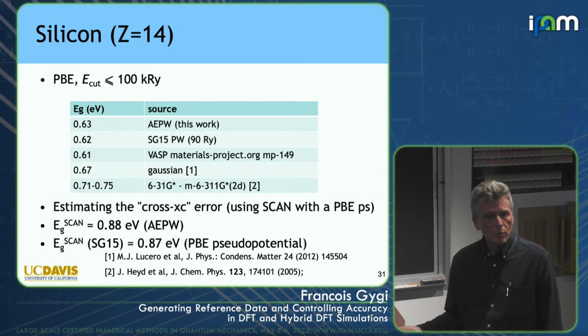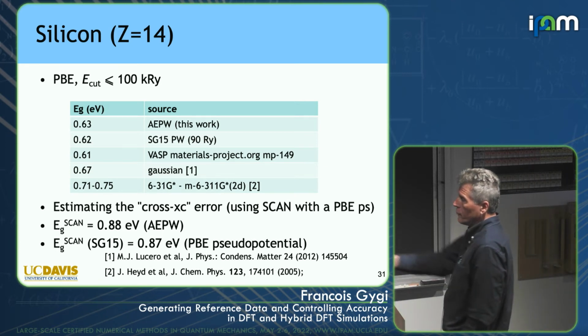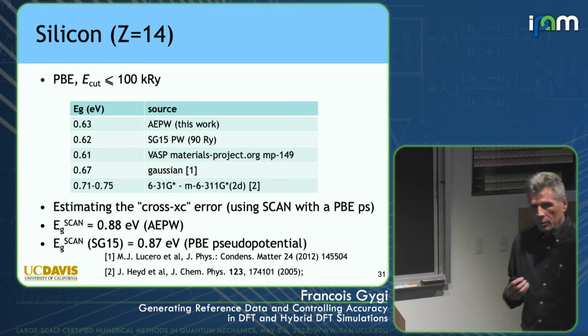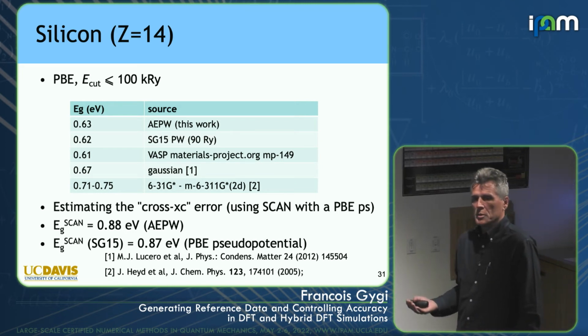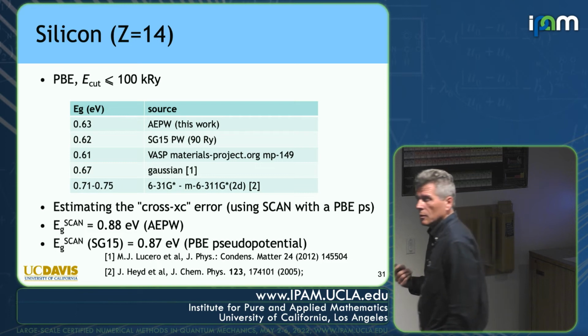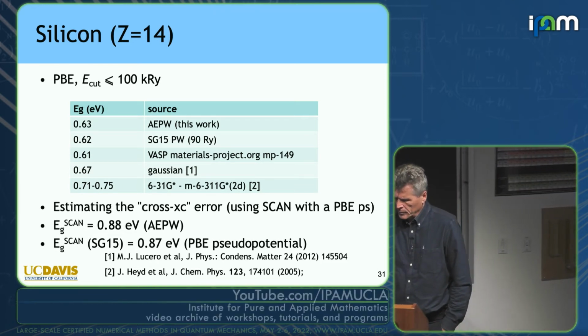That's surprisingly good. I'm not even sure why, if I understand why. But I can verify this. And there have been some claims in the literature that for SCAN, you really need to develop a special pseudopotential for SCAN. Well, the message for this case is not really. It seems to work already like this.